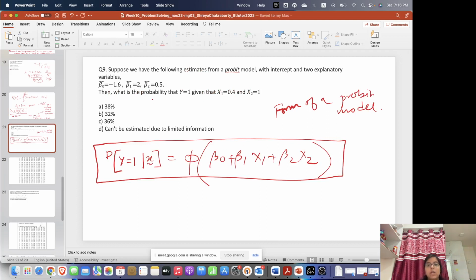Now we have to find out probability y equal to 1 given x1 equal to 0.4 and x2 equal to 1.